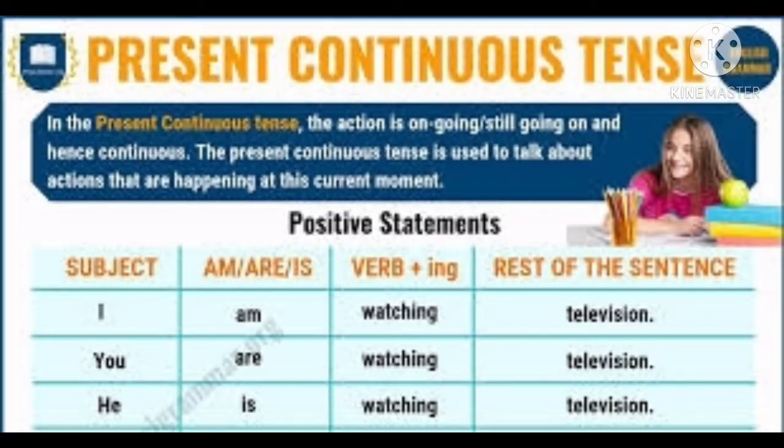Present continuous tense means that an action is continuously going on in the present time. The formula to make present continuous tense is is, am, are plus verb ing form, and then the rest of the sentence.